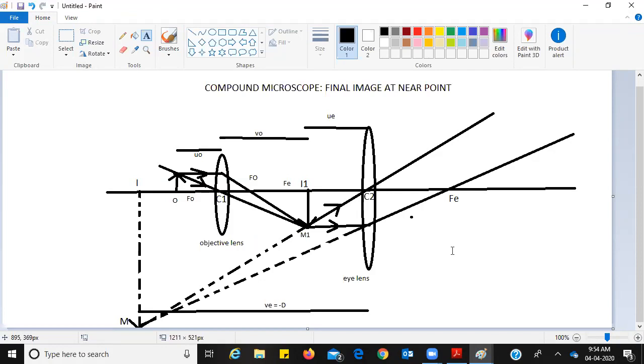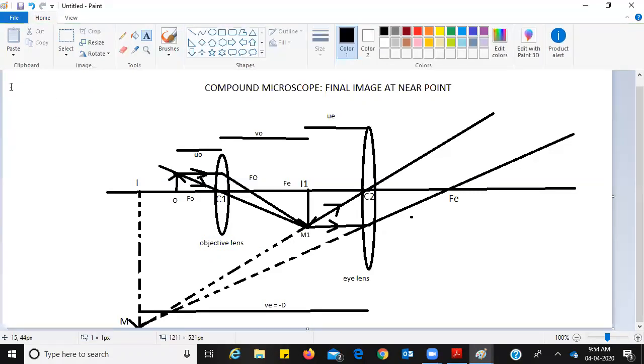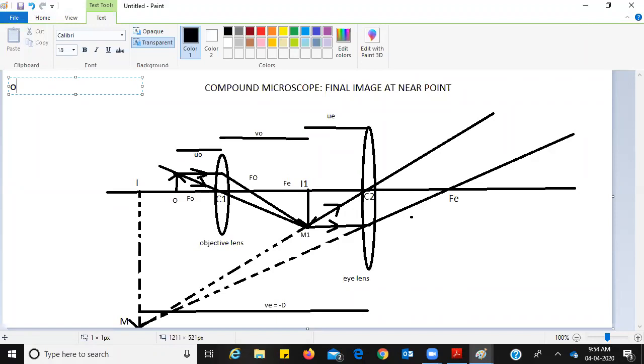You can see one from the diagram itself: the objective lens is smaller than the eye lens. So the objective lens is of small aperture. For the objective lens, you can put small aperture as a property.